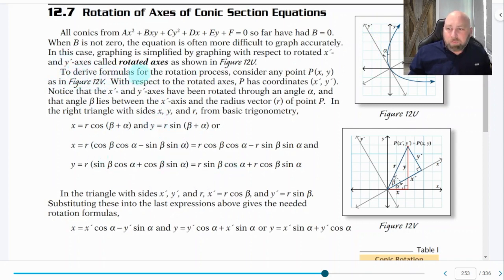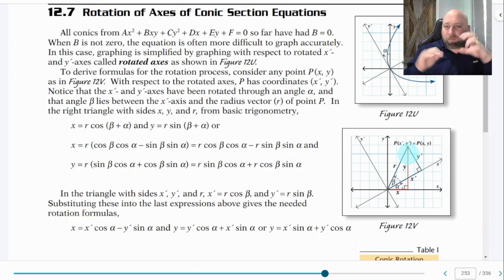To derive formulas from the rotation process, consider any point on xy with respect to the rotated axis. So if you look at this figure right here, if we take this x and y value and remeasure the old x and y against the new x and y for the prime axis, this is rotated x, so it's x prime.